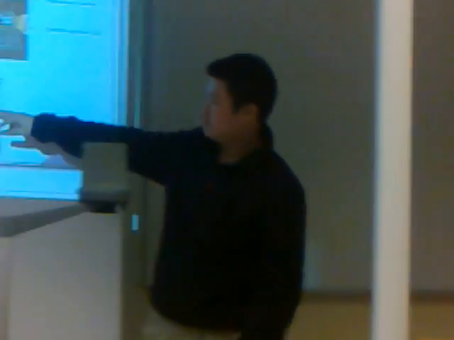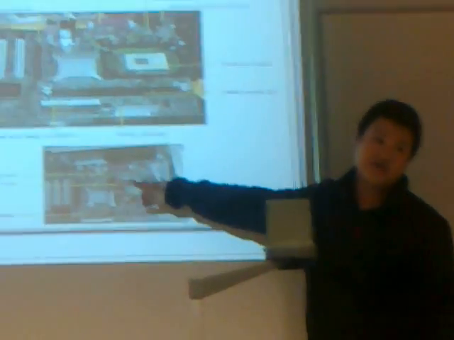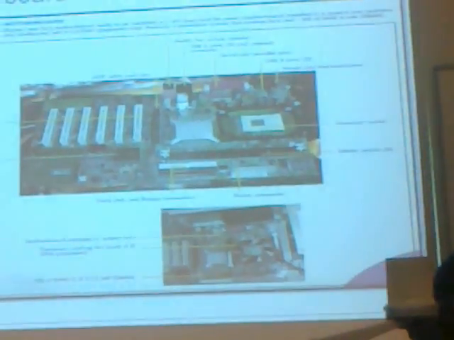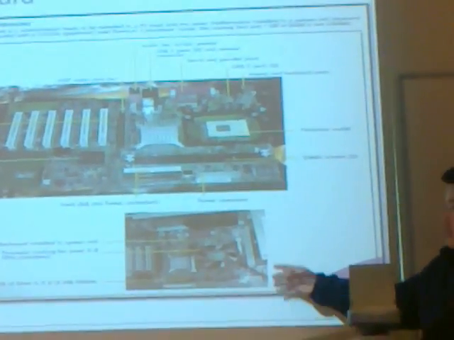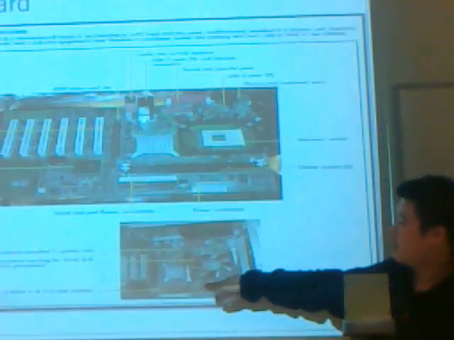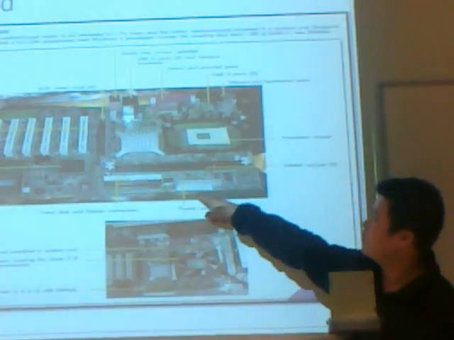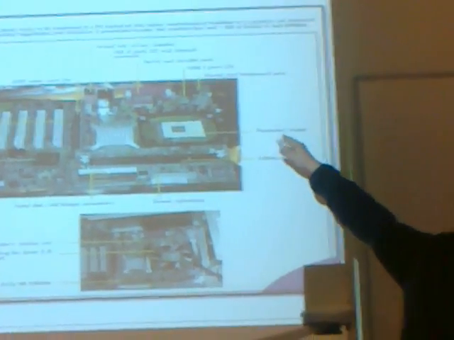Now in the next picture we can see it more clearly. This is the processor cooling fan, to keep the processor at a proper temperature. And some RAM slots, this power connector, and this is the processor socket.